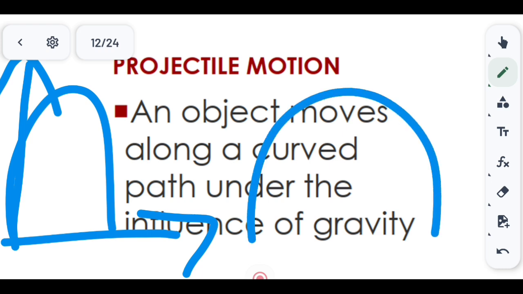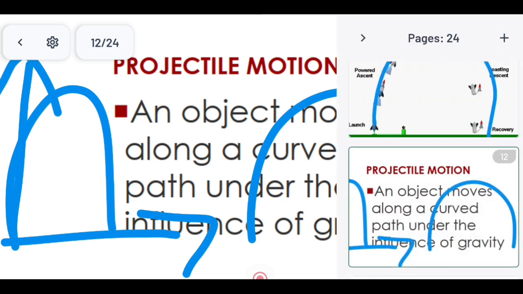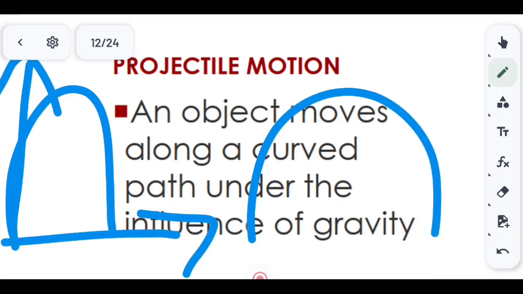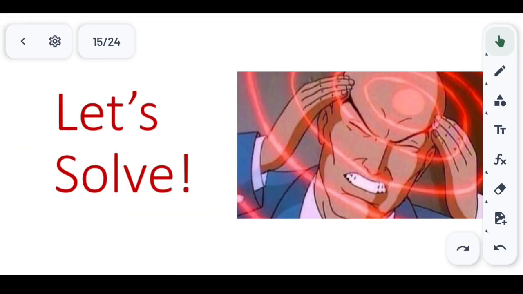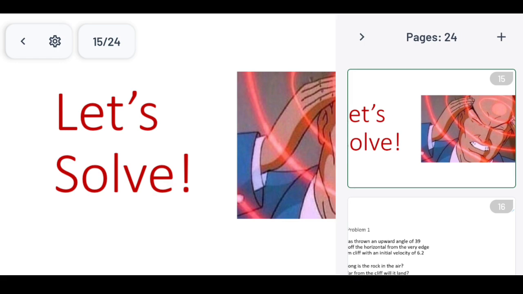So projectile motion is the motion that creates a curve or parabola. Of course, the only force acting on these objects, for example when you throw an object, is just gravity. Let's try solving problems related to projectile motion.